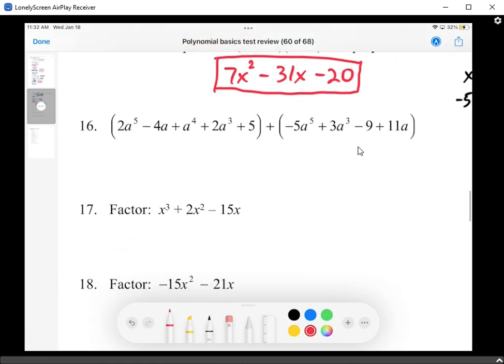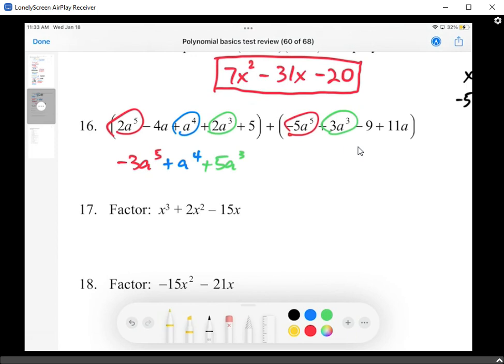Number 16, adding polynomials, the name of the game is like terms. I'm looking at a to the 5th and a to the 5th. And then I'm looking at a to the 4th, doesn't have anything else to combine with. I look at a cubed, couple things to combine there.